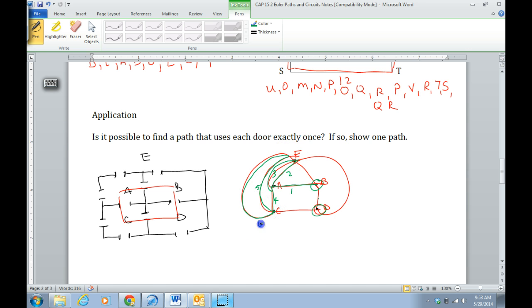Back in is 6. Go across to D is 7. Out to E again, 8. Back in, 9, and then end at D, 10. You guys will be able to find several paths to this, okay?